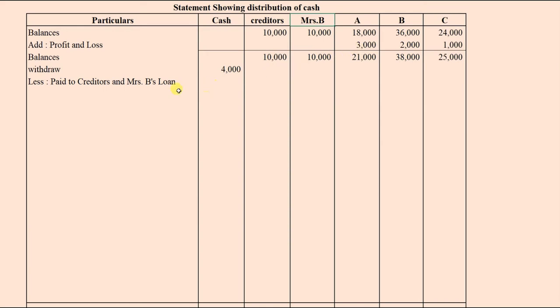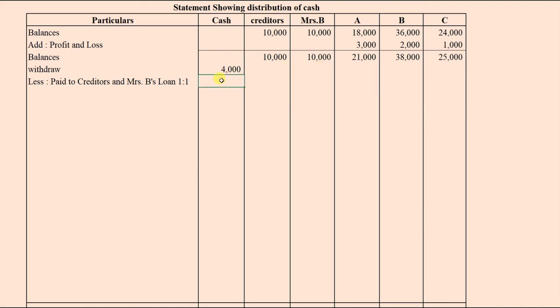So we will pay to the creditors and Mrs. B's loan in the ratio 1:1. 10,000 divided by 10,000 is 1, 10,000 divided by 10,000 is 1. So the ratio will be 1:1.